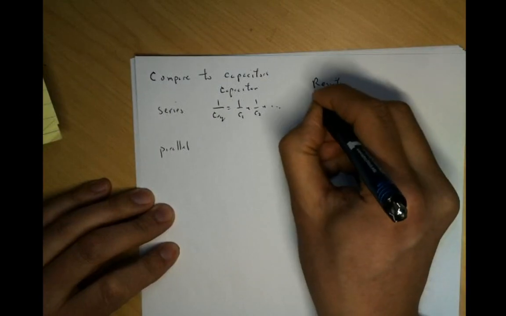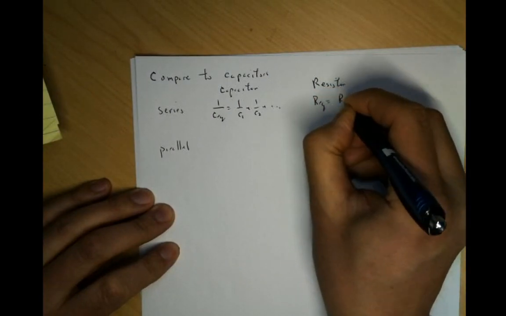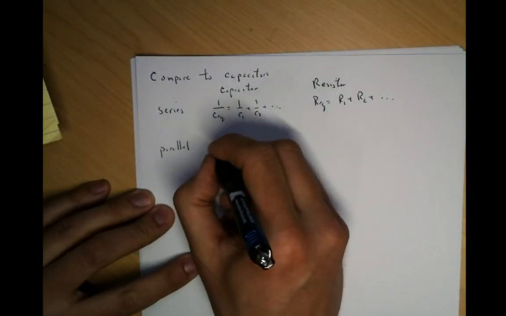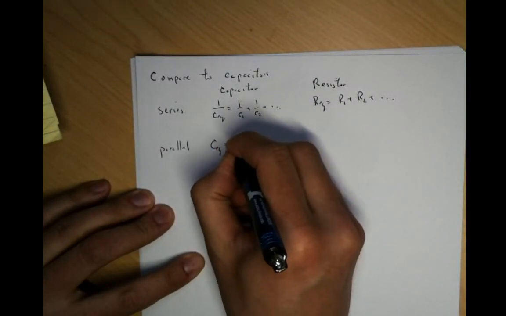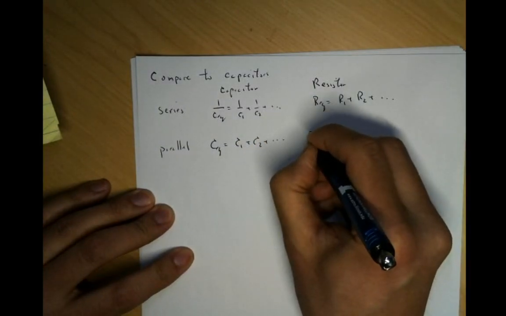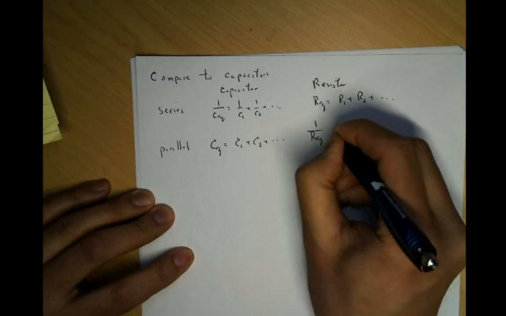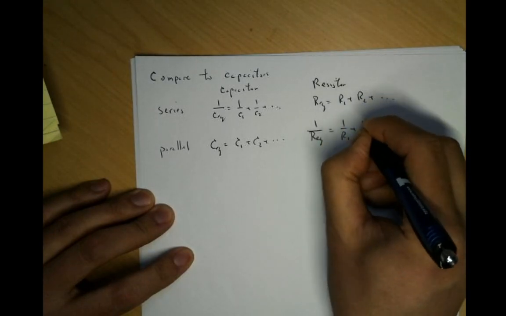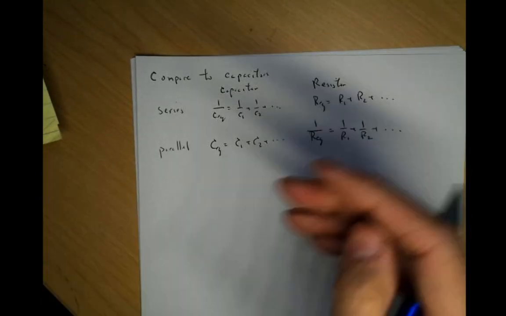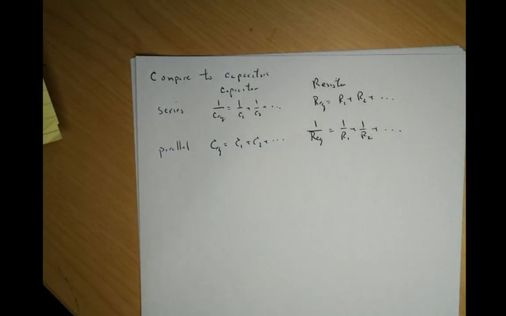For resistors, R equivalent is equal to R1 plus R2 plus dot dot dot. In parallel, the equivalent capacitance is equal to C1 plus C2 plus dot dot dot. And in parallel, 1 over the equivalent resistance is equal to 1 over R1 plus 1 over R2 plus dot dot dot. So they're basically just opposite of each other, right?